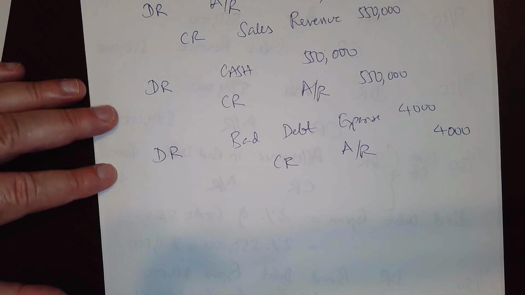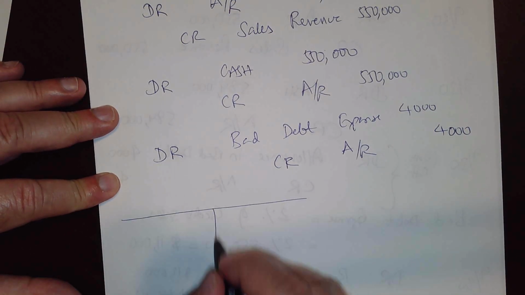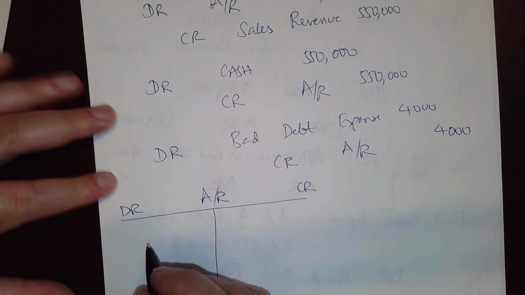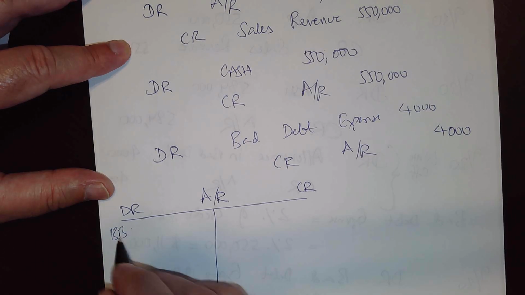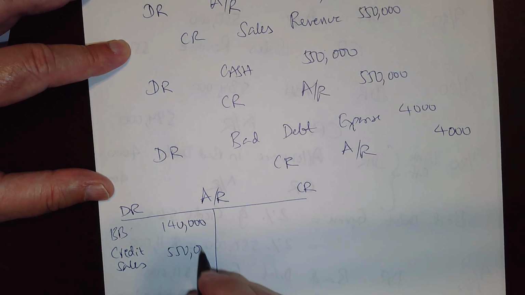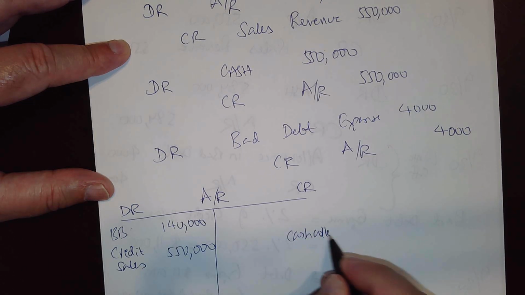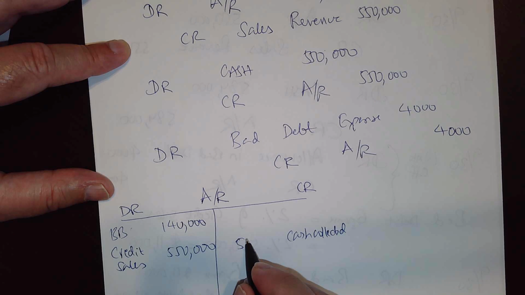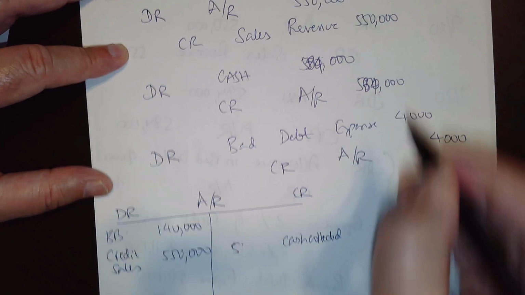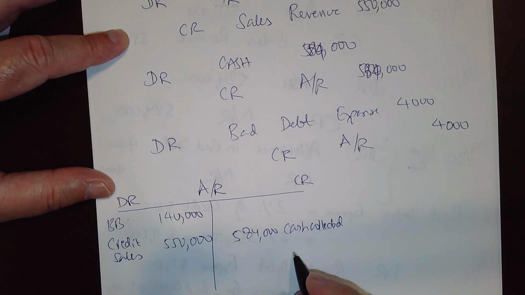Now we have to post everything to accounts receivable. In the accounts receivable T account, the starting balance again is $140,000. So beginning balance $140,000, credit sales $550,000, cash collected was $584,000, and we write off $4,000.